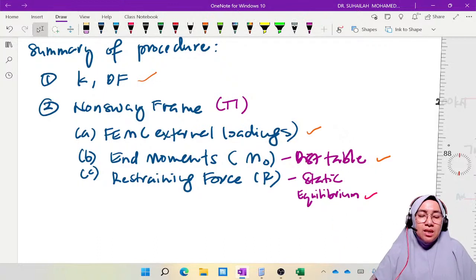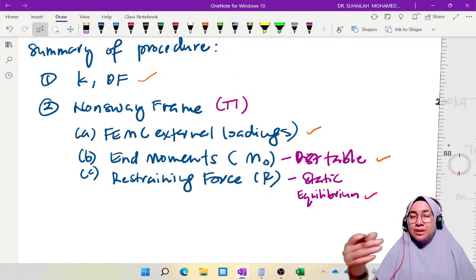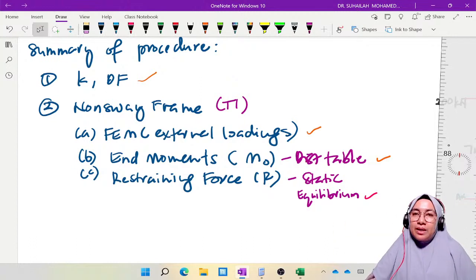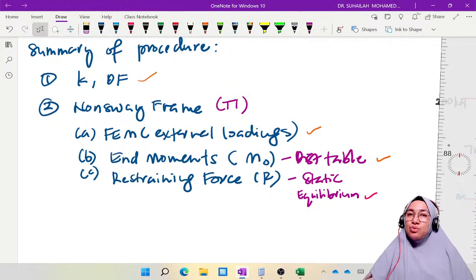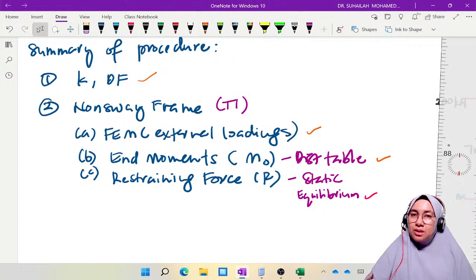So actually step number 2 for table number 1 is quite straightforward, where FEM we calculate based on external loading W, and then the value we put into the table and we distribute the moment and we get the end moment in the table. We label as M naught, and from M naught we analyze free body diagram.